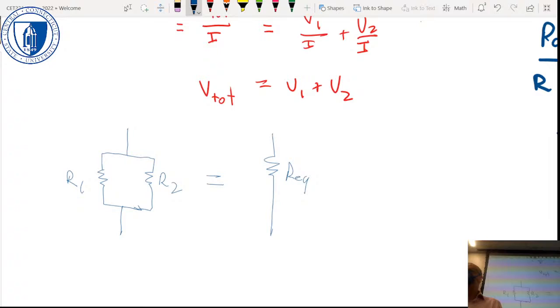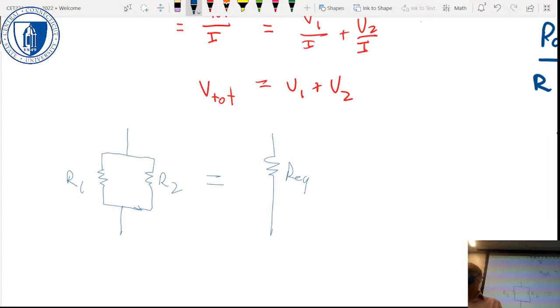Right, so then we've got V equals (I1 plus I2) Req. Now the question is, what is the relationship between Req and R1 and R2?